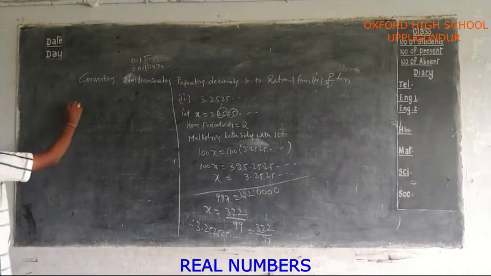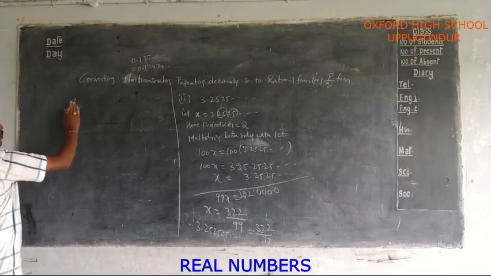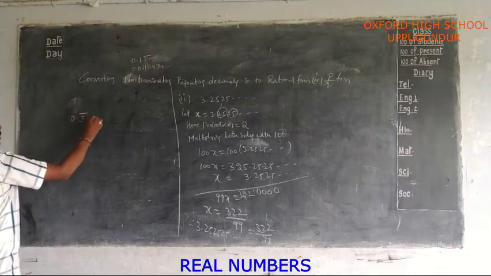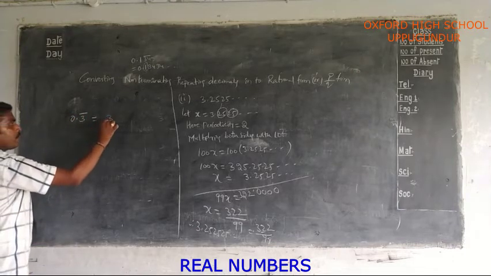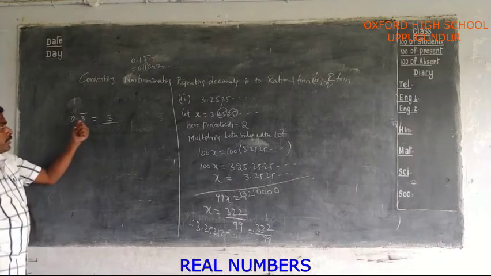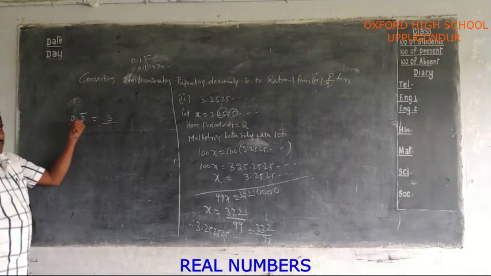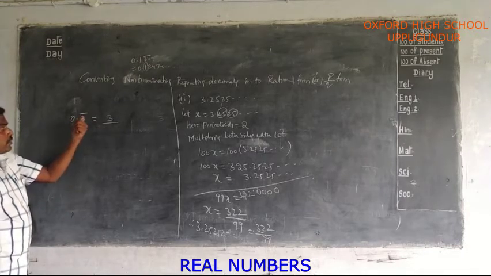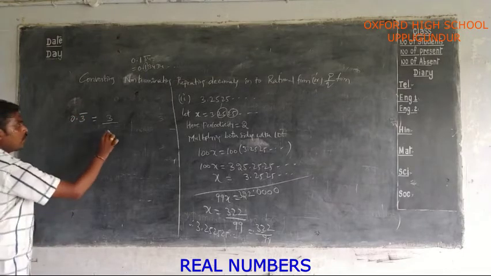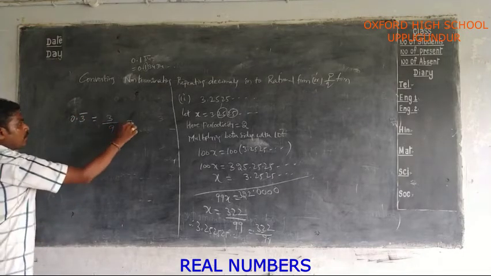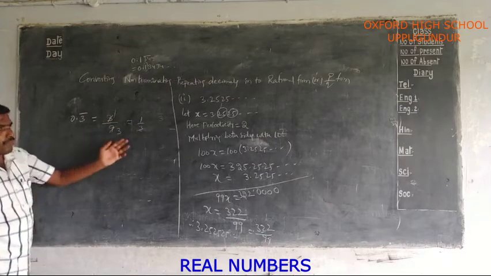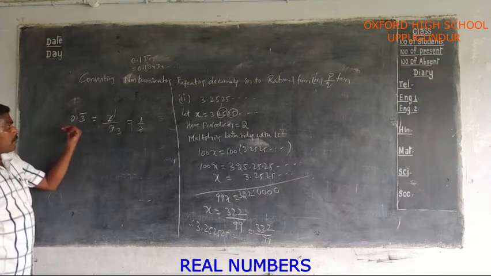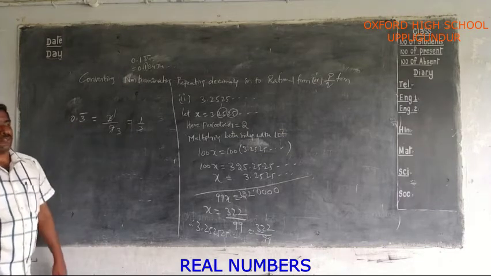Suppose you want to convert 0.3 bar into p by q form, simply remove the bar and point, and write 3 in the numerator. In the denominator, you have to write as many 9s as the number of digits repeating. Here 1 digit is repeating, that's why you write one 9. So 3 by 9 equal to 1 by 3. This is the short form of converting non-terminating repeating decimal into p by q form.